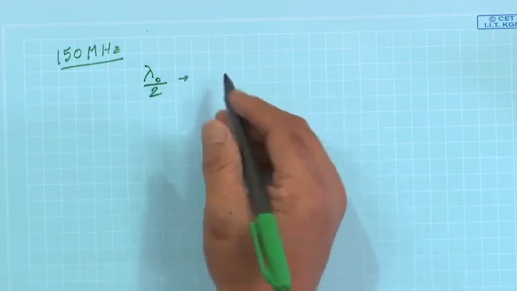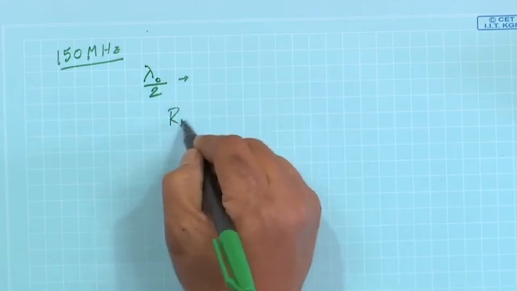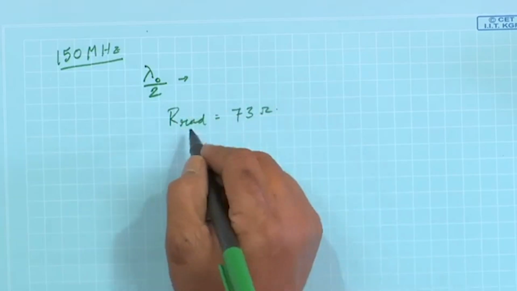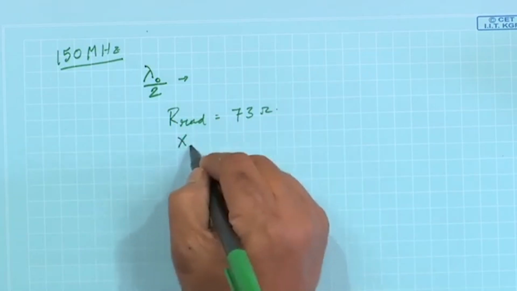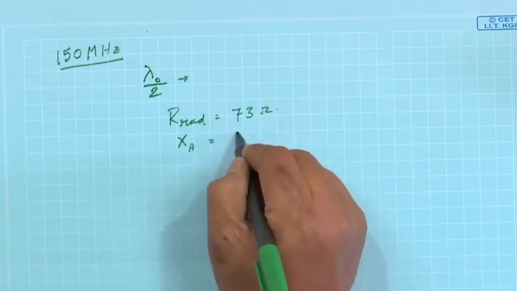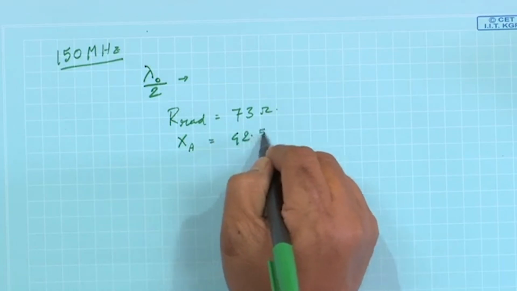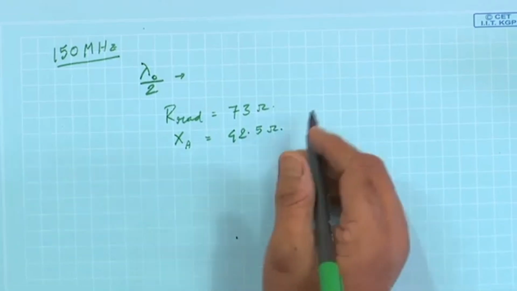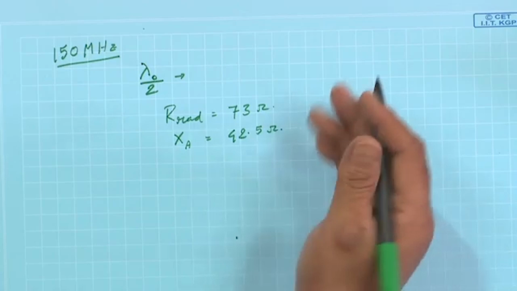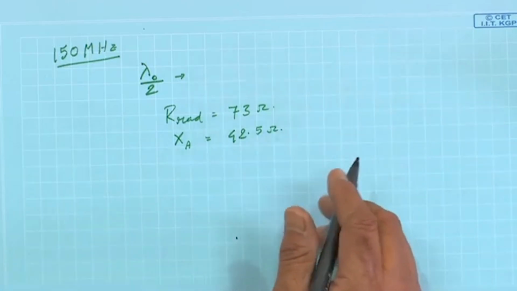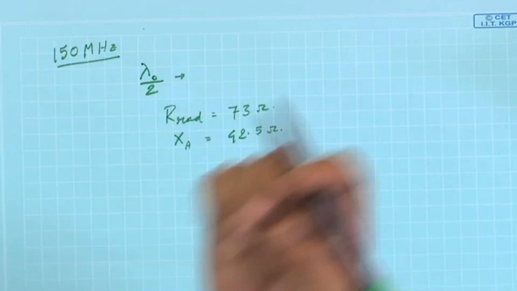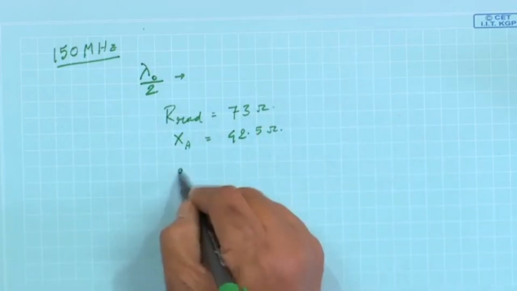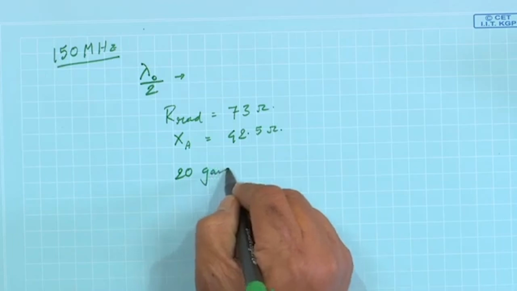So, we can take that its radiation resistance is 73 ohm and its reactance will be 42.5 ohm, and if we assume that the antenna is constructed from a 20 gauge wire, 20 gauge rod.